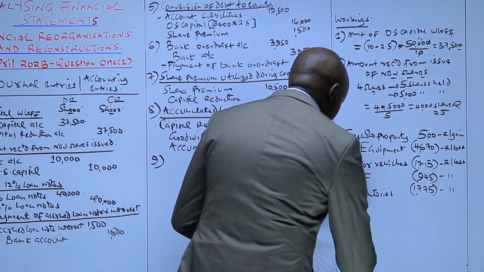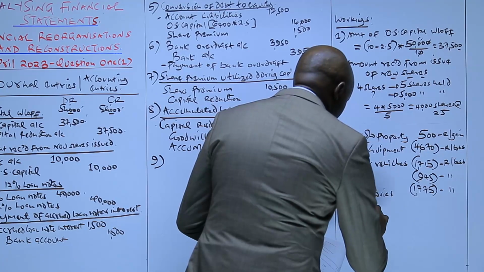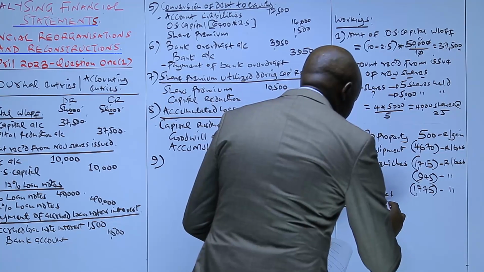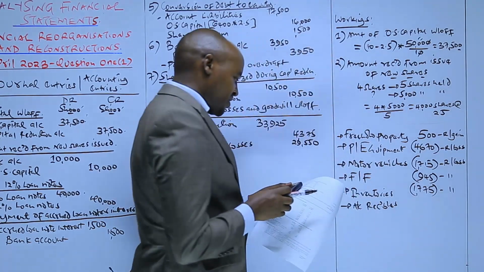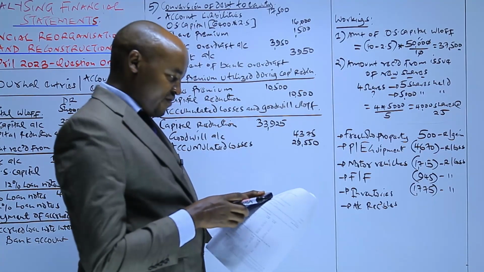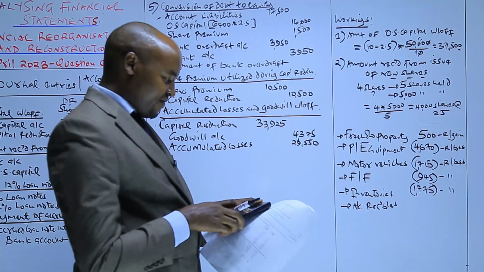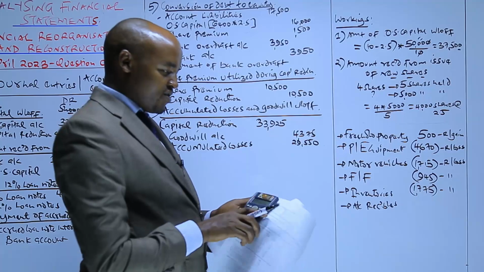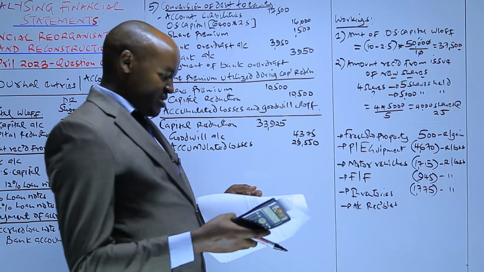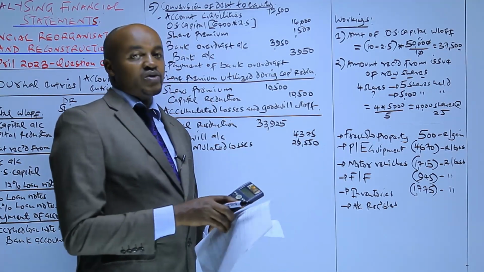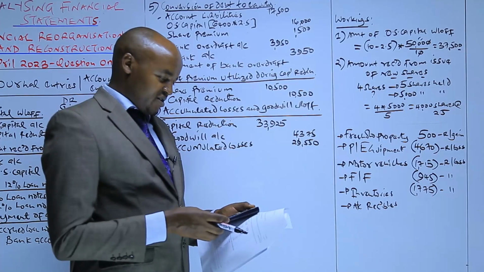And finally, we have the account receivables. Account receivables as per note number 7 were revalued to a figure of 2,925. What about the carrying amount? In the statement of financial position, it was 3,175.